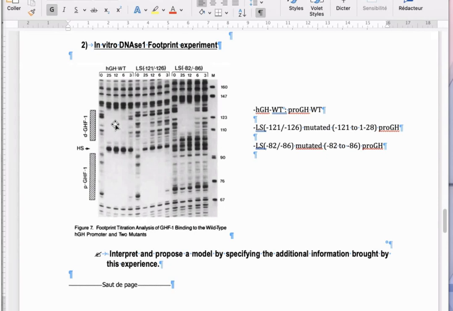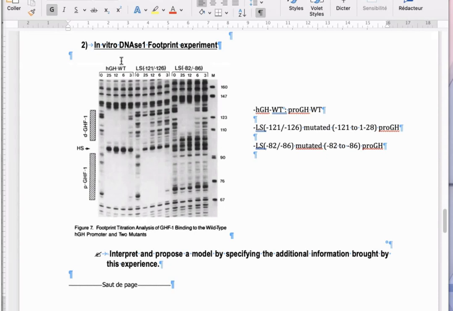Perfect. Because the blue protein binds successfully to that position, that part of the DNA is not cut by the DNase. Exactly. And the same thing goes for about -90 to -67. That gap is protected by the red protein, so it's not cut.